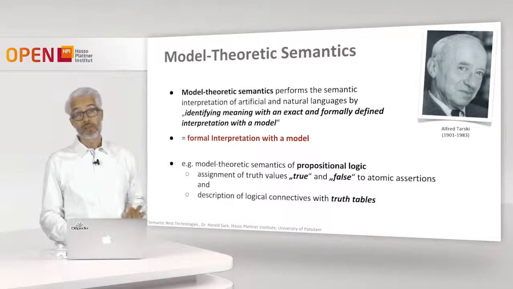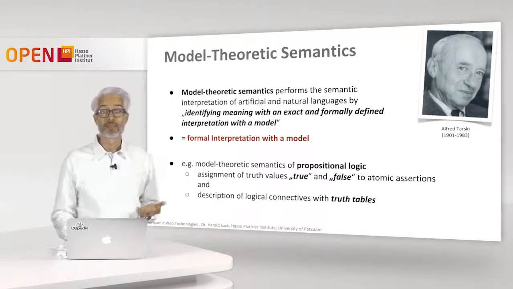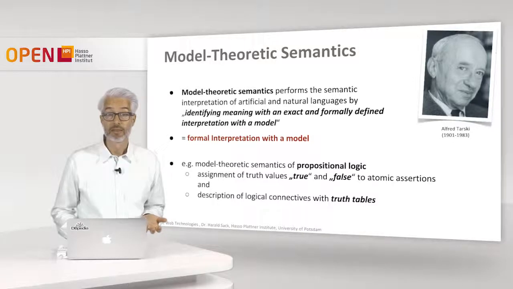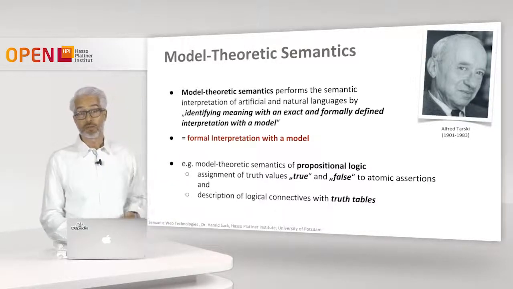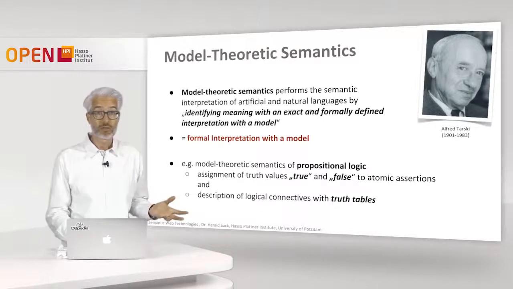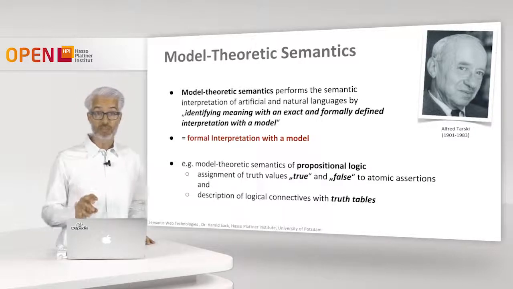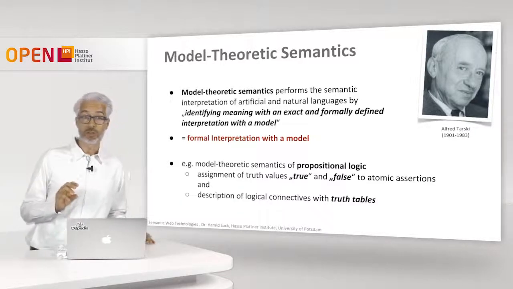So let's look at a more specific example. So here, for example, the model-theoretic semantics of propositional logic. What's that? Propositional logic, we all know that it's the simplest kind of logic, and there we have truth values which are connected by simple connectives, and the interpretation or the semantics of propositional logic is rather easy.